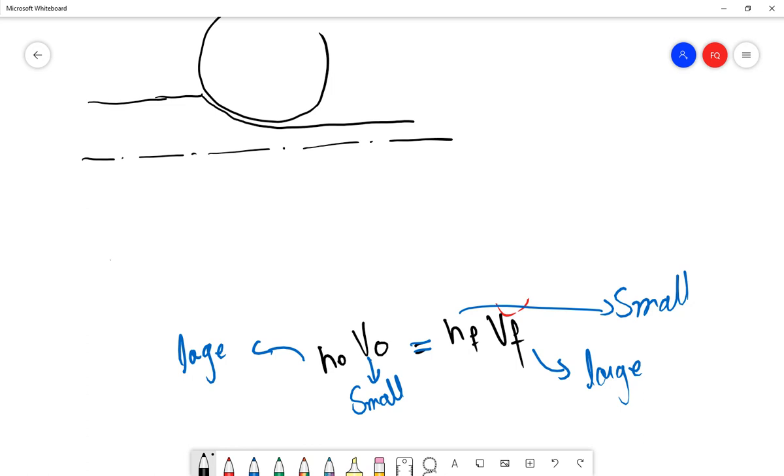Let's say it is like this. Now, this means that this velocity v naught is low, and this velocity here vf is fast.